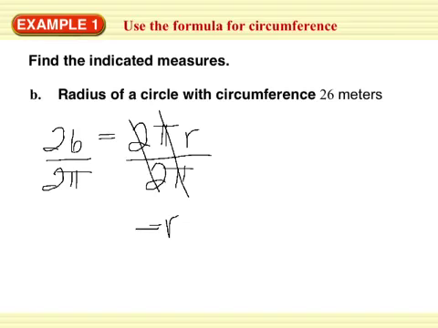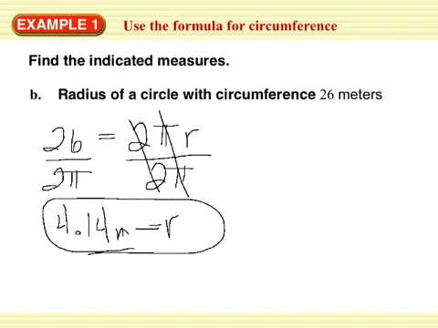You get radius equals 4.14. It doesn't tell you how many spots to round to past the decimal, so use your best judgment.